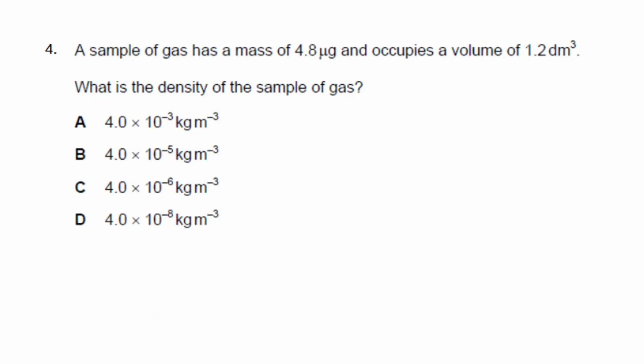A sample of gas has a mass of 4.8 micrograms and occupies a volume of 1.2 decimeters cubed. What is the density of the sample of the gas? Okay, so if we look here, we can notice that this is in micrograms, this is in decimeters cubed, and then we're actually in kilograms per meters cubed.